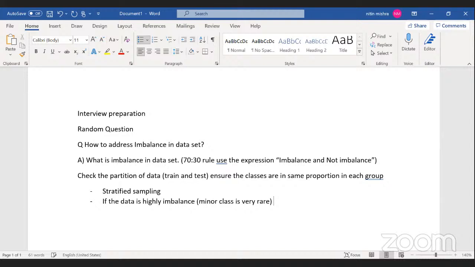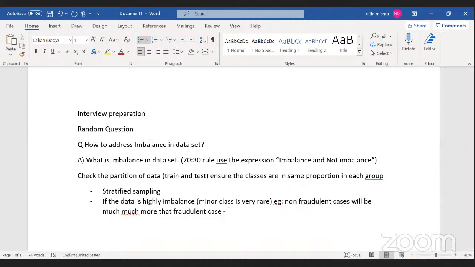Next, when the minor class is very rare, for example, non-fraudulent cases will be much more than fraudulent cases. So obviously we cannot expect to do the partitioning.